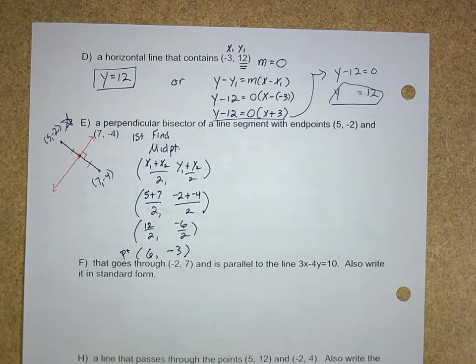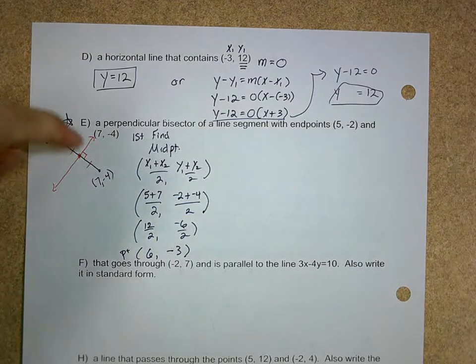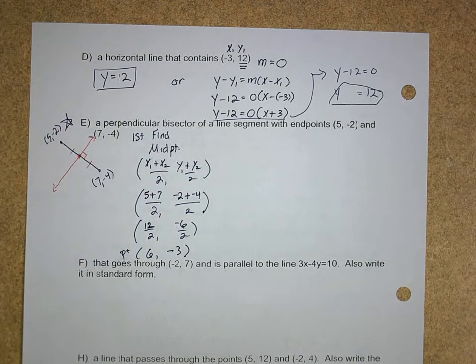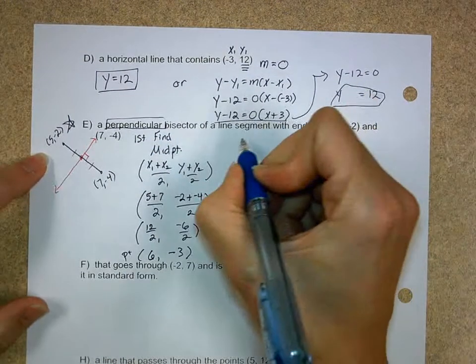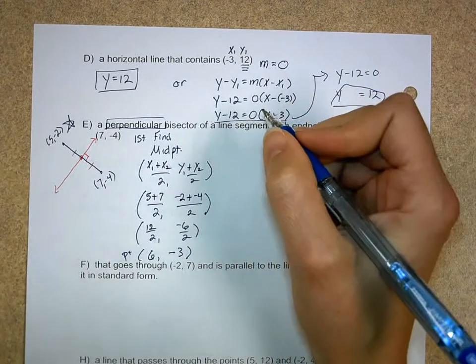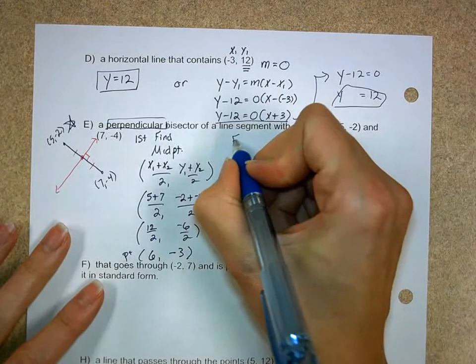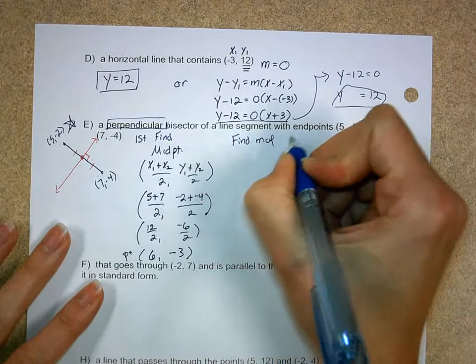Yay! But now I need to figure out slope. Well, I need two points on a line to find slope. Since I don't have two points, I'm going to have to use another piece of information. That's the perpendicular part. I can find the slope of the line segment and then use its opposite reciprocal. So find m of the segment.